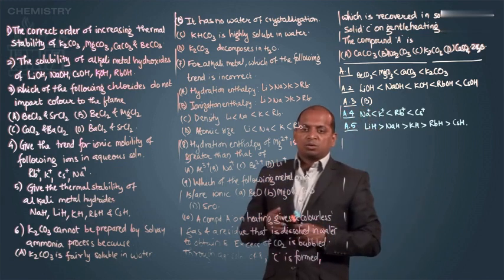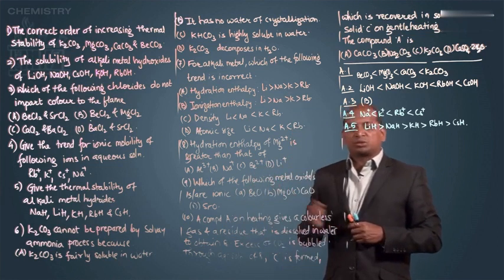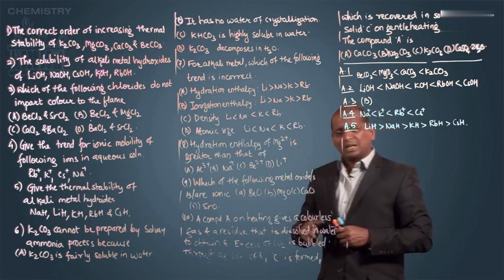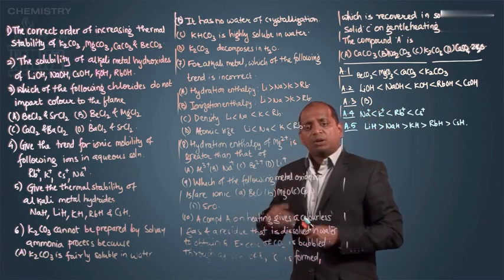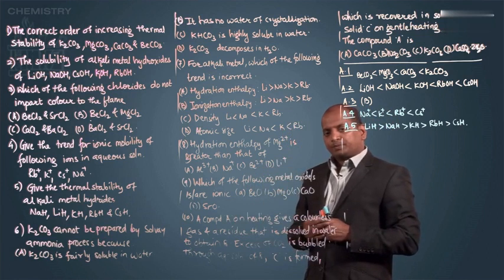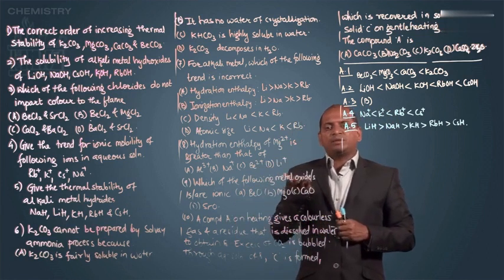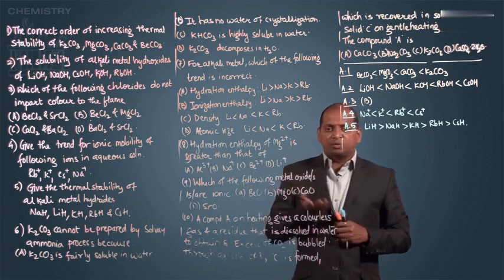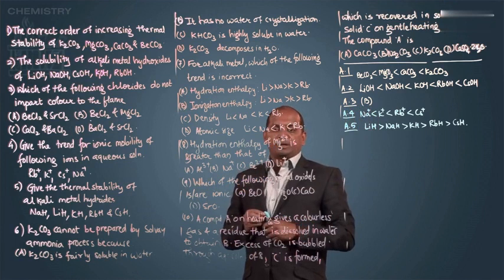Sodium bicarbonate is a sparingly soluble salt, less soluble in water, therefore it will precipitate out, and after precipitation, sodium bicarbonate, which we are getting as a residue, on drying and heating gives the sodium carbonate.